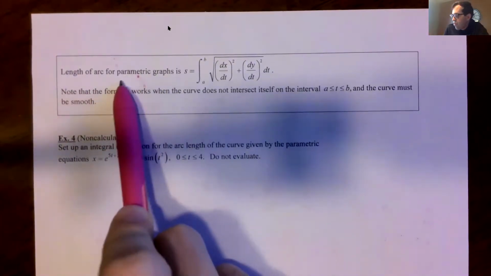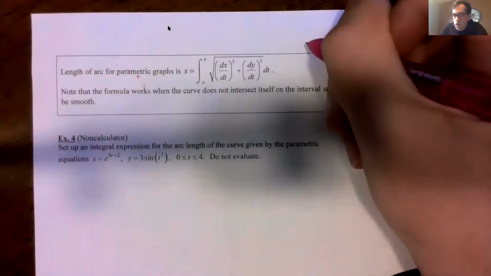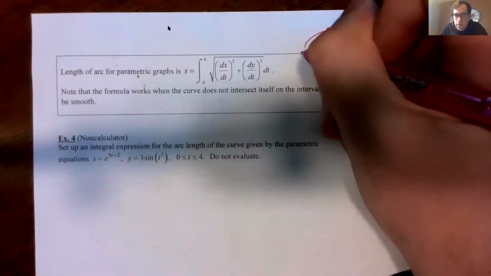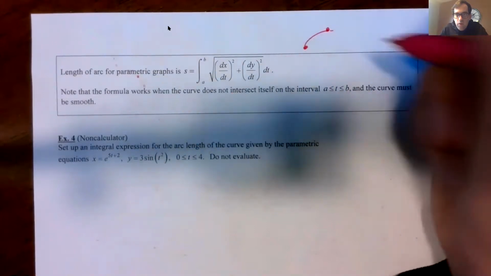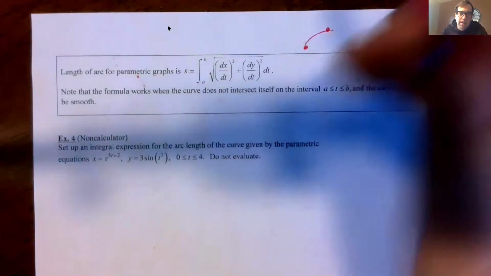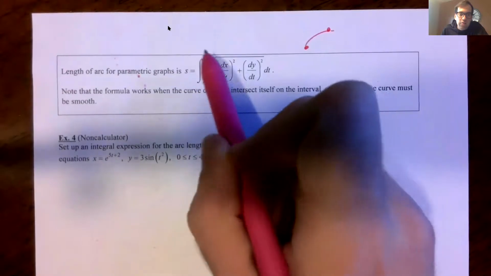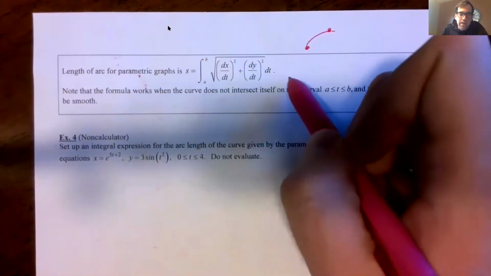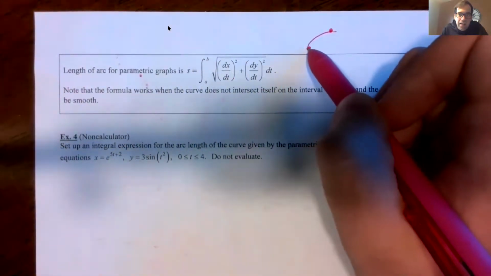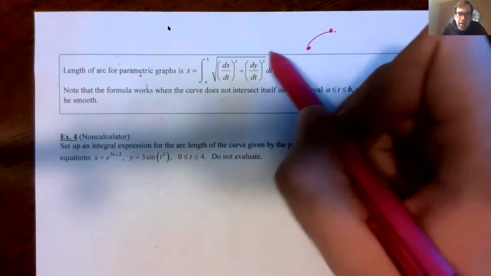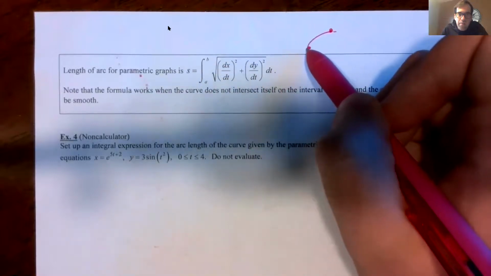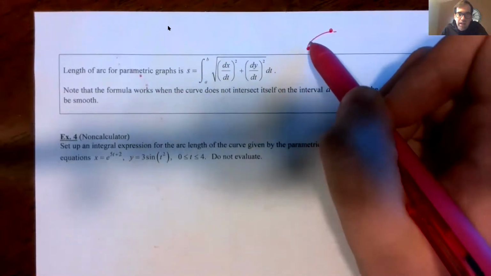An arc length for a parametric graph, so for any curve, so let's say from here to here, if we stretch that out straight, we will want to know how long is it. And basically what this formula does is it takes points that are close together and then uses the Pythagorean theorem to say, hey, what would the length of the hypotenuse between these 2 points be?